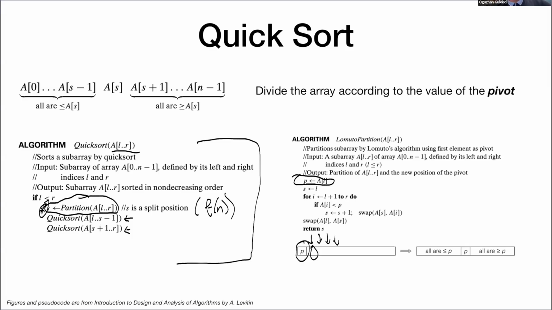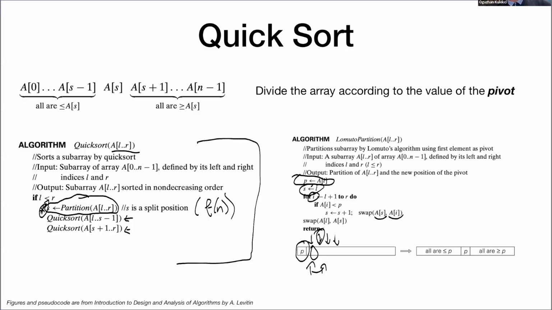If they are less than the pivot, you move your S pointer, starting from here, towards here, and swap the element at that position with the element you are visiting at that time.